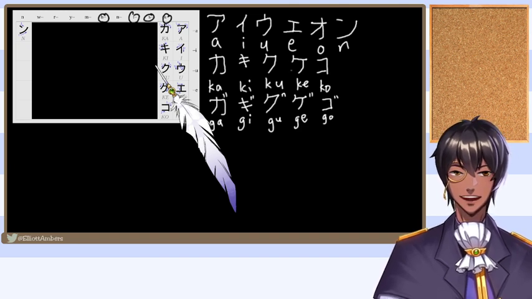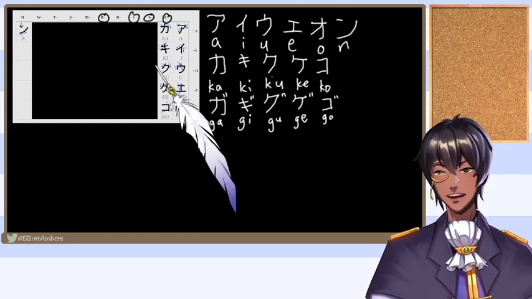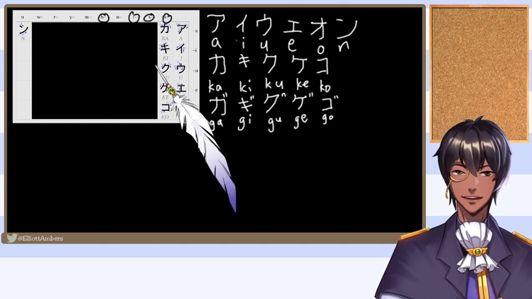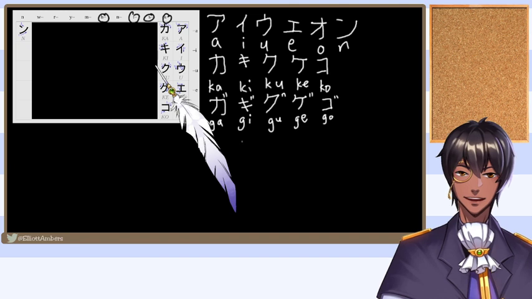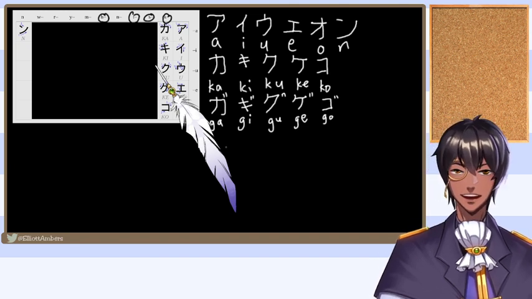So a word we can make with these new sets of characters, we have a, i, u, e, o, ka, ki, ku, ke, ko, ga, gi, gu, ge, go. I've never actually watched this anime, but I know there might be some mecha enjoyers here.